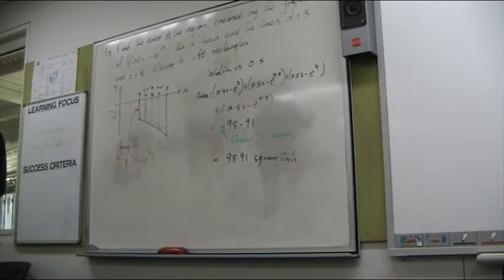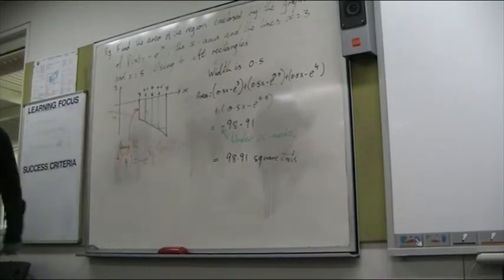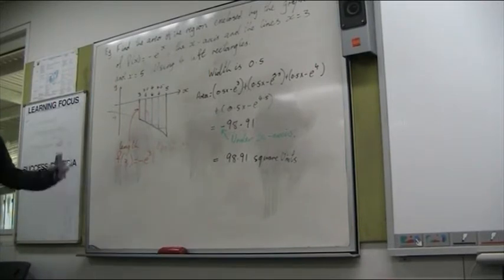It has to be square units. It's an area, so whatever these units are, they're always square. If that was centimetres, it'd be centimetres squared. If that was kilometres, it'd be kilometres squared. If that was metres, it'd be metres squared. So square units, whatever those units are. Square because it's area.